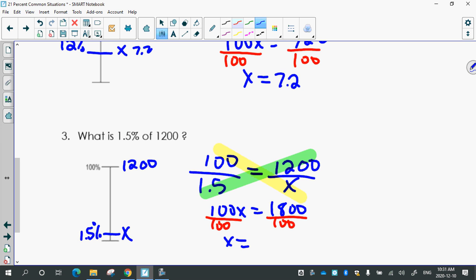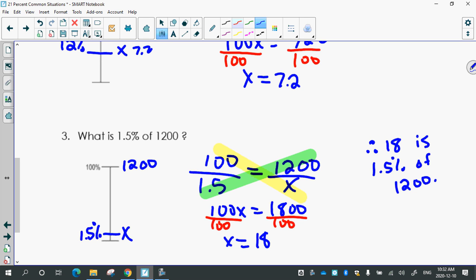And if you divide, you're going to get 18. So 1.5% is a very small percentage, so 18 makes sense. 18 is a low number compared to 1,200. So therefore, 18 is 1.5% of 1,200.